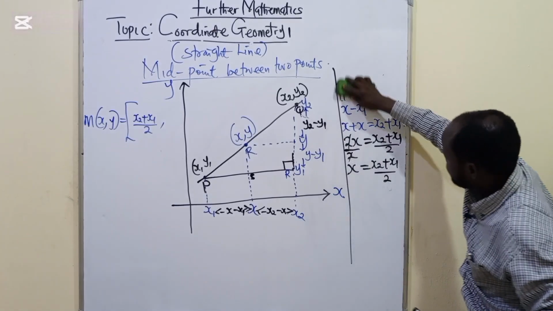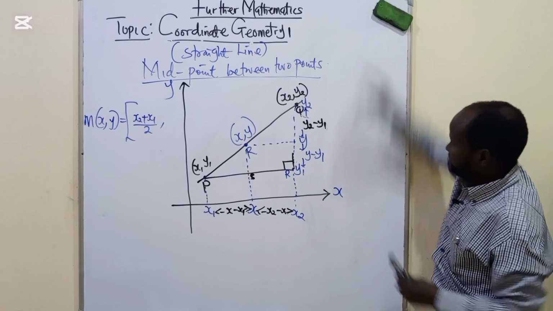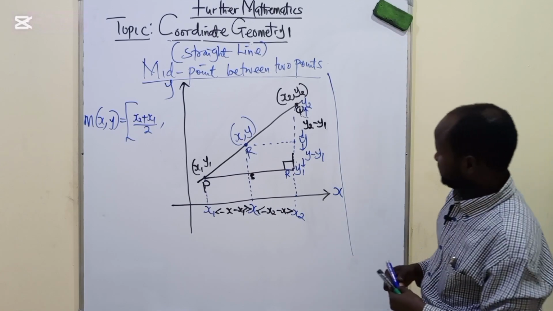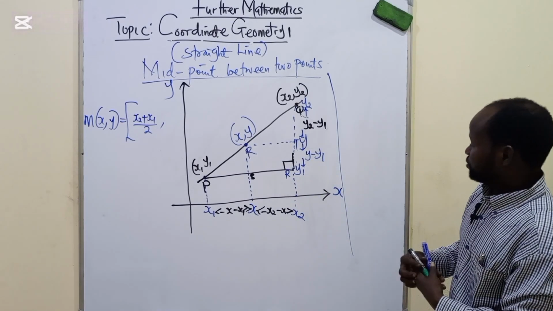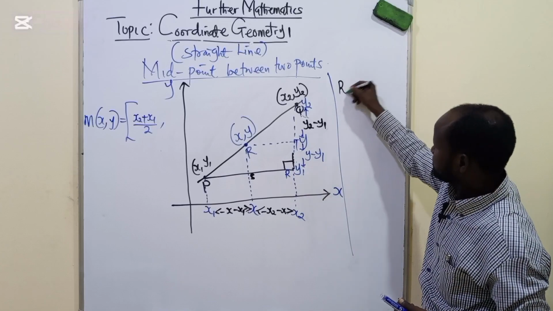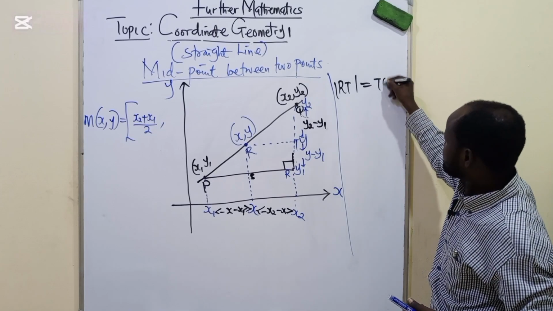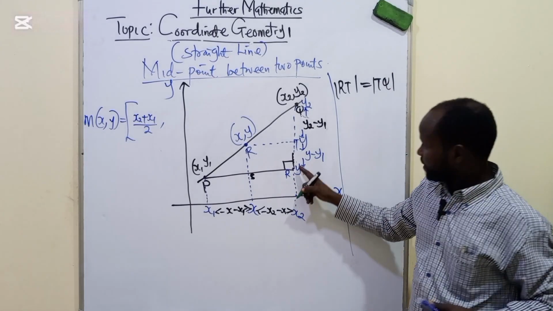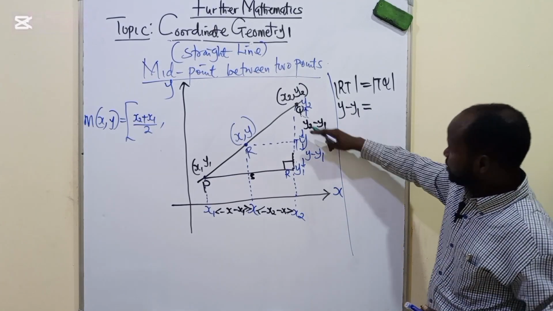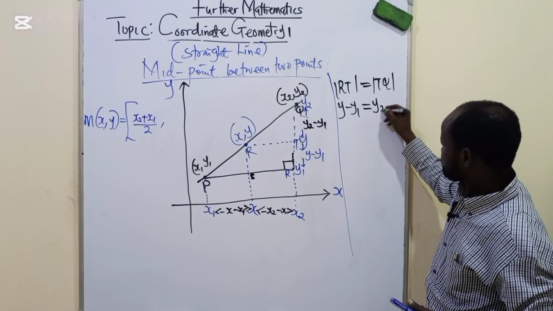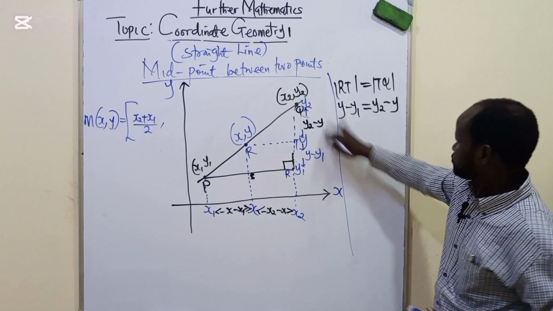Let's move to y. Let me clean here so that we'll get that of y. If we look at this clearly, let me put T here, length RT is the same as length TQ. R to T is y minus y1. This is equals to T to Q, which is y2 minus y.